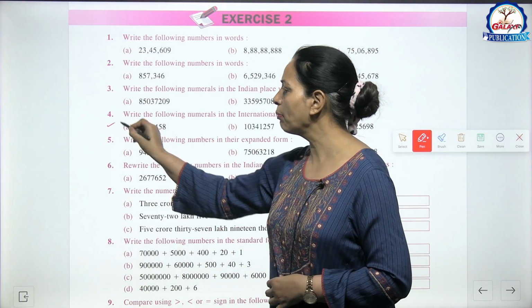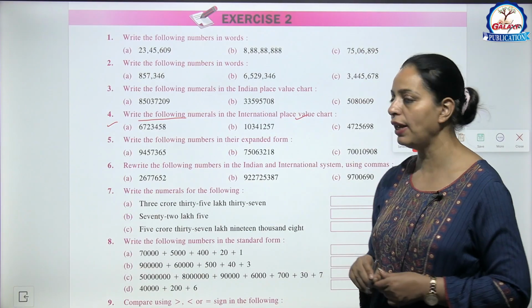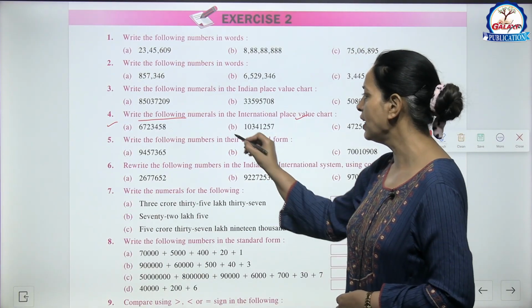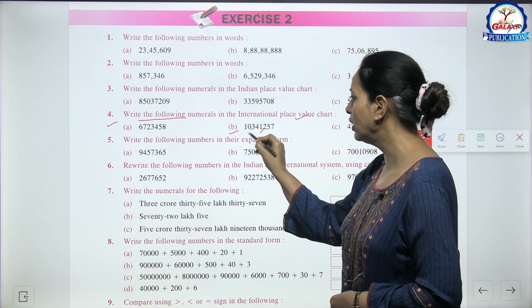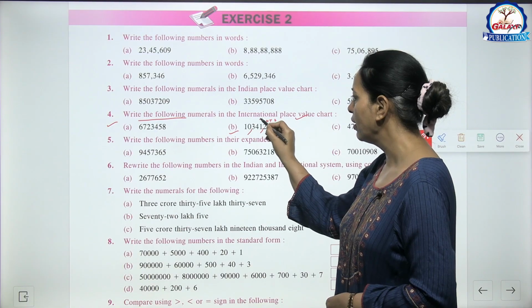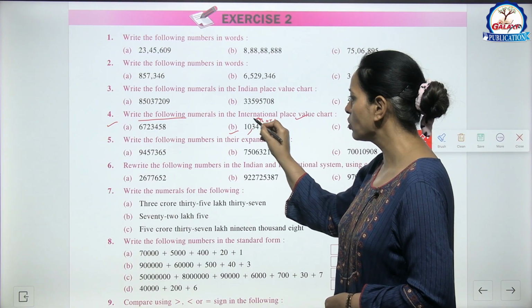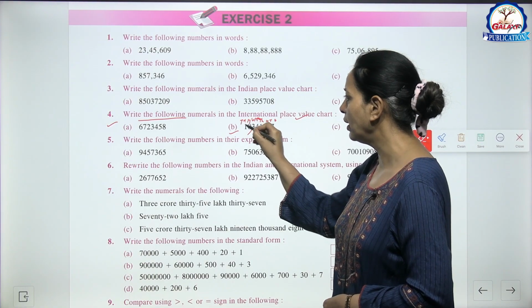Now come to question number 4. Write the following numerals in the international place value chart. See here B part. So here 3 digits, comma, then 3 digits, comma. So this is ones, tens, hundreds, thousands, ten thousands, hundred thousands, then million, ten million.